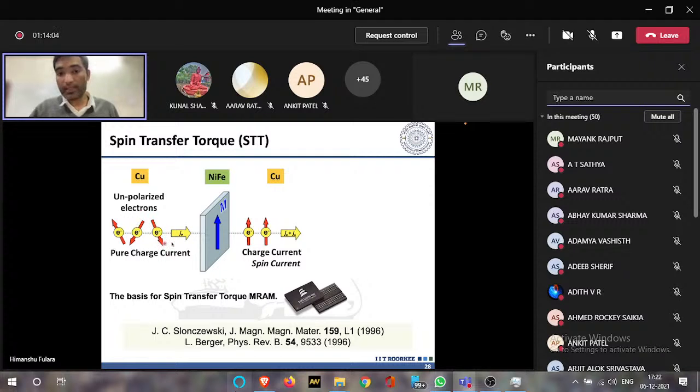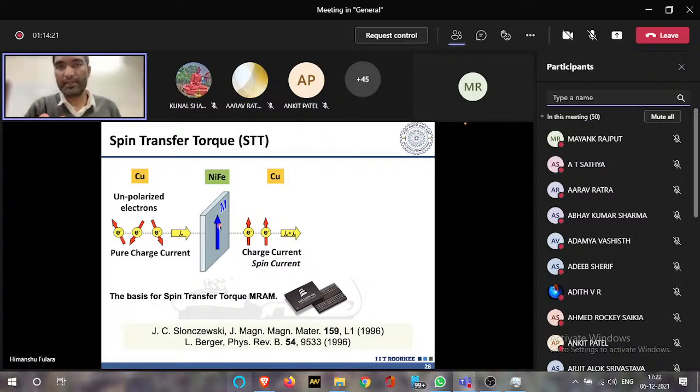You see here that there is a particular orientation of the spin which follows the magnetization of this ferromagnetic layer. So whenever an unpolarized current passes through a ferromagnetic material, it gets spin polarized.